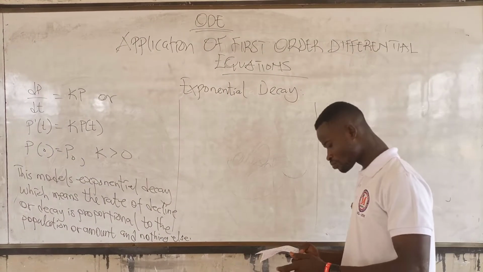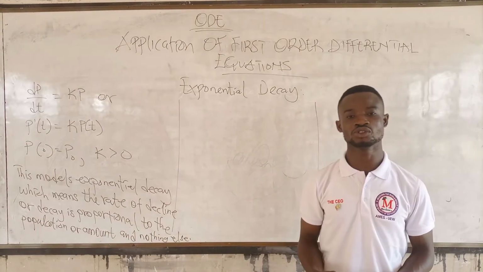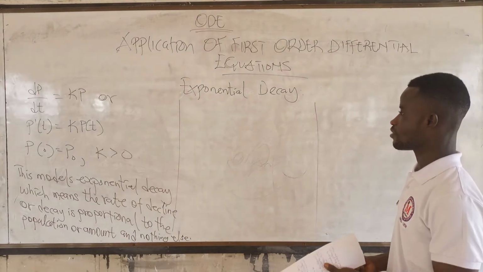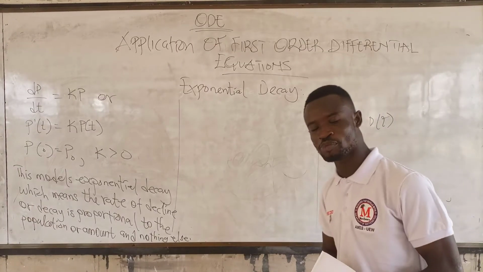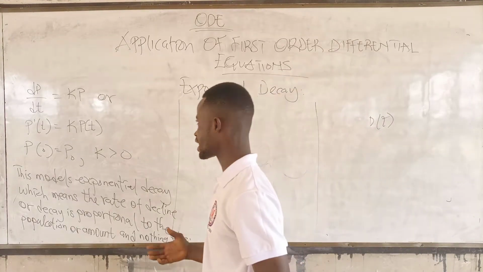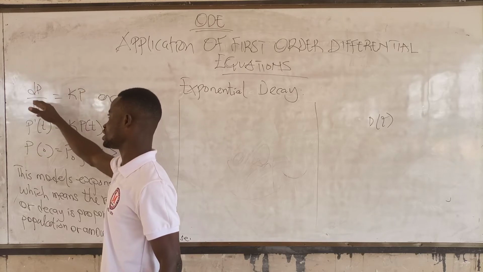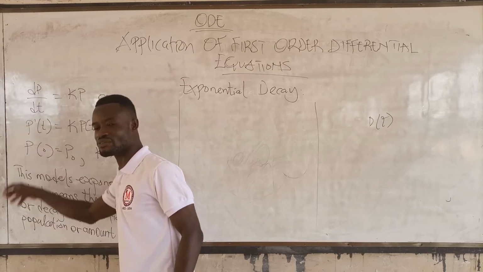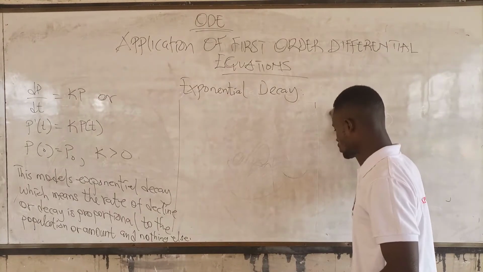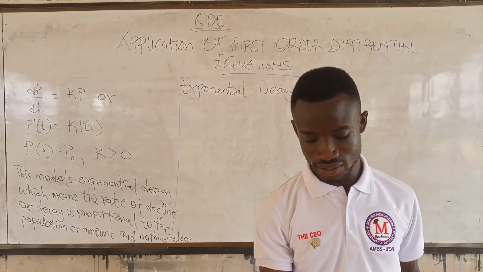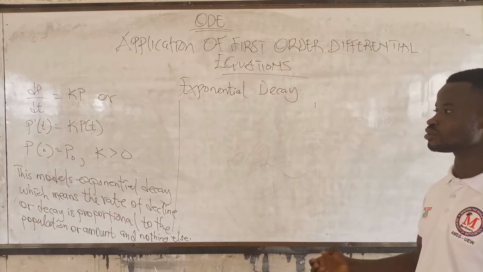Alright, so I'm going to guide you to derive the function for P of t. That is the function P of t itself. Don't forget that we are saying that this is the same as this, because dP/dt is the same as the derivative of the population. So let's look at the steps to go through to get the function back.